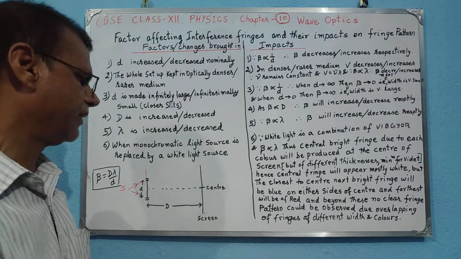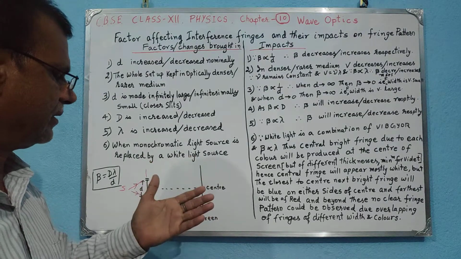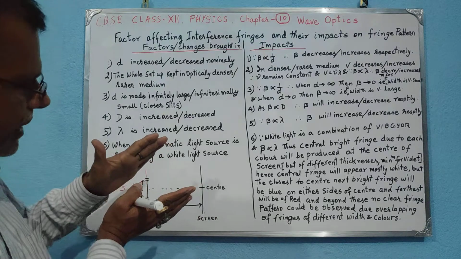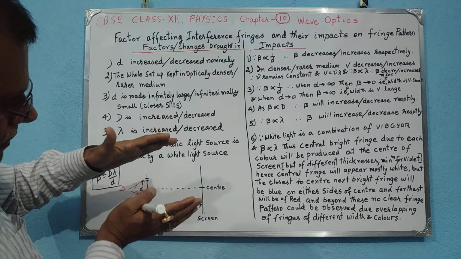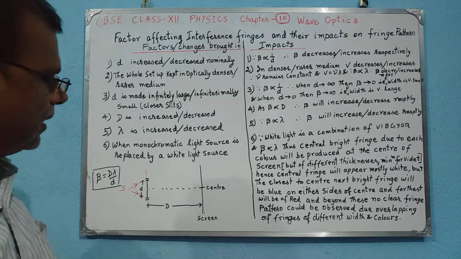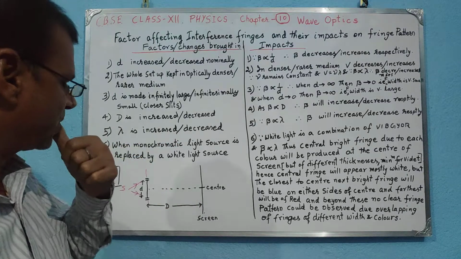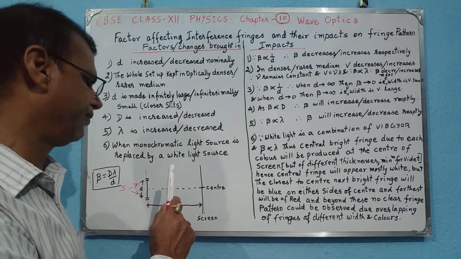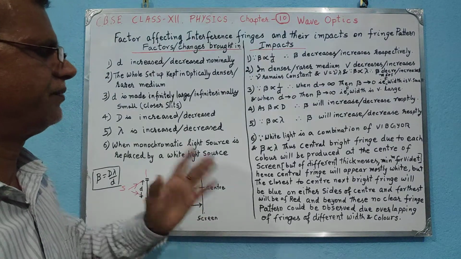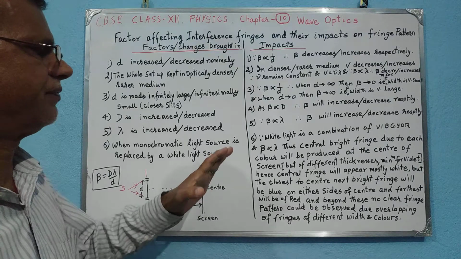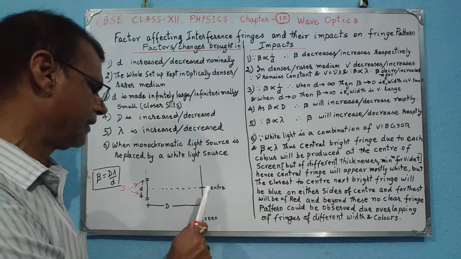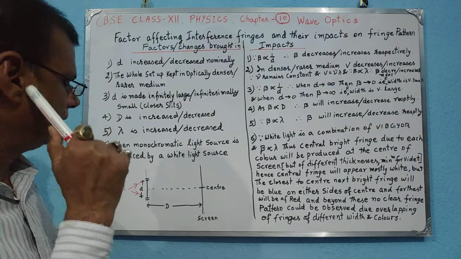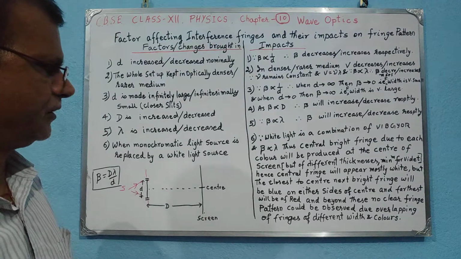So the first bright fringe just after enveloping the central bright fringe will have different thickness for different colors, and therefore the location of formation of the first bright fringe will be different for different colors. So the central bright fringe, which will appear white, will be enveloped by the blue bright fringe.